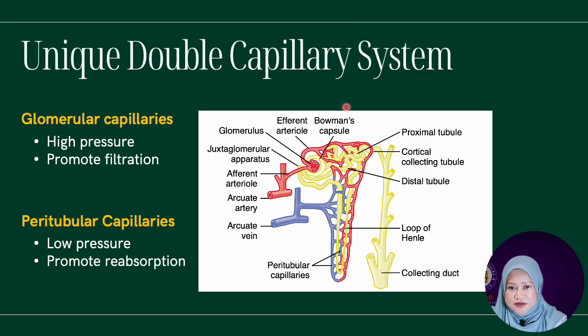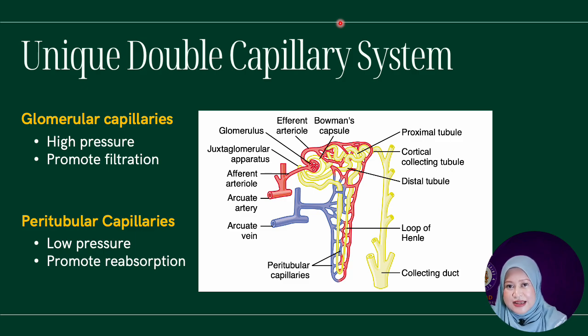And after blood leaves the glomerulus, it passes through the efferent arteriole before entering the second capillary bed. This efferent arteriole is very important because its diameter helps determine how much pressure is maintained inside the glomerulus. If the efferent arteriole constricts, blood has more difficulty leaving the glomerulus, so pressure inside the glomerular capillaries increases.